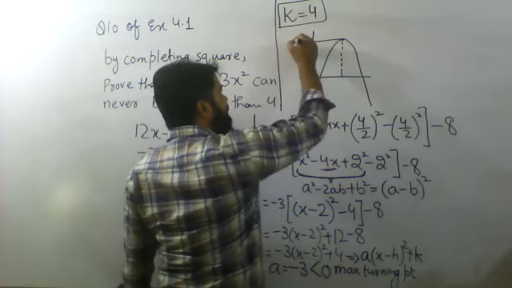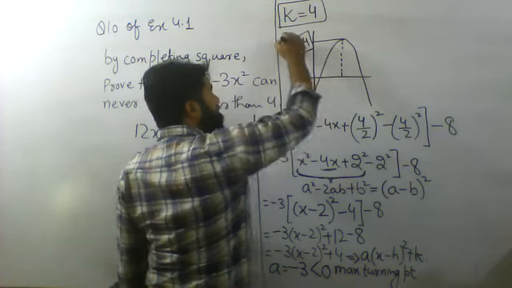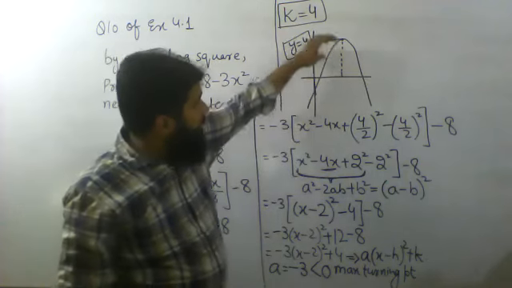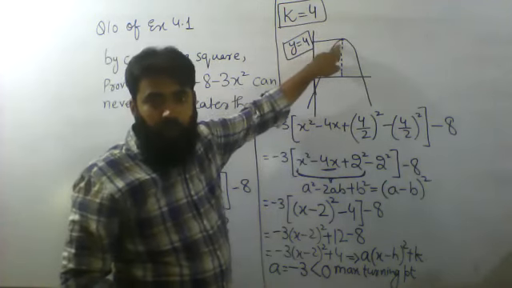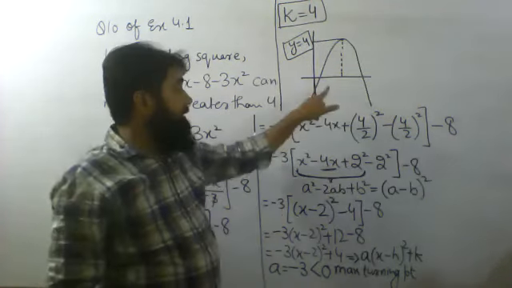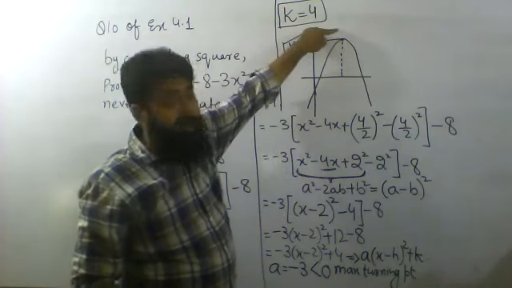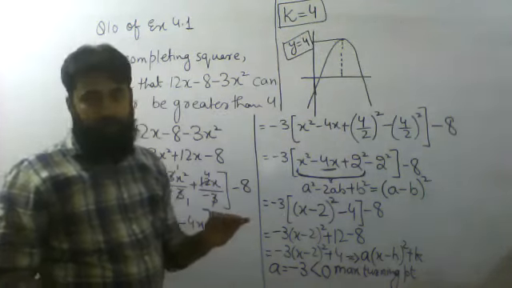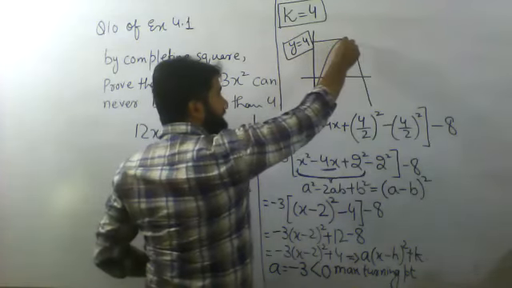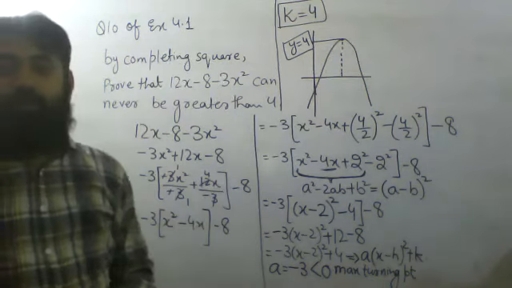Y coordinate I have found, which is coming 4. So see, the curve is going up, reaching the top at 4, and then it is coming back. It means this curve will not cross 4 and it will never go higher. Okay, so that is proof that this curve's highest value will not be greater than 4.